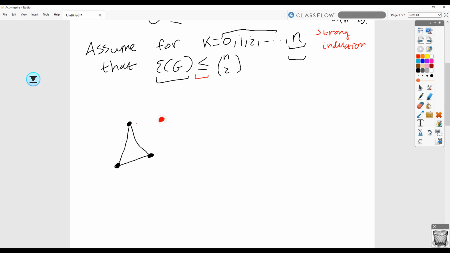If I have this red vertex added, then I can add at most 3 more edges. Let's see if that's true. What if I add another edge somewhere, say there? Well, I've just broken simplicity, because now there are 2 edges between the vertex here and the vertex here, so that doesn't work. And it's going to be the same with any other vertex on this graph.